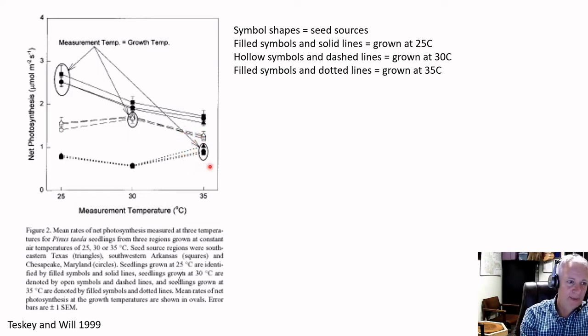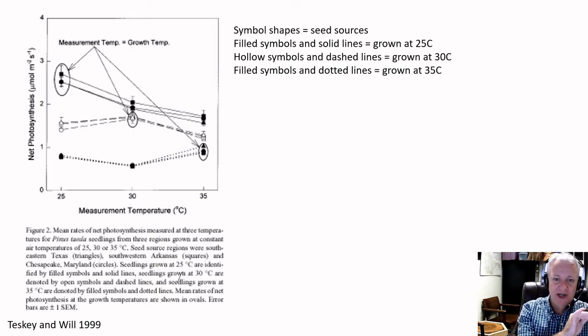And then plants that were grown at 35 degrees C experience their highest net photosynthesis rate at that temperature. So what we're seeing here are acclimation responses. Basically, plants acclimated to their growth temperature and essentially optimized net photosynthesis rate to that growth temperature.